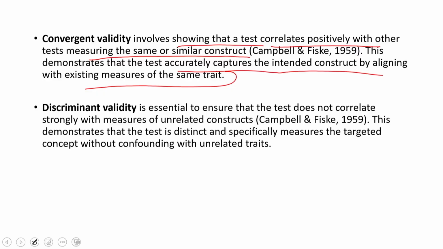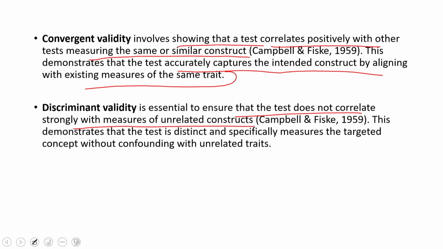In discriminant validity, it ensures that a test does not correlate strongly with measures of unrelated constructs. Okay, the unrelated constructs should be unrelated, and the constructs which are related should be related. Whatever new measure you are developing, the associated constructs should be correlated, and the constructs which are not related should not be related.